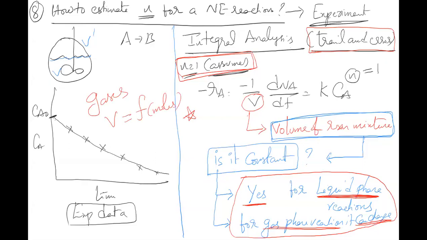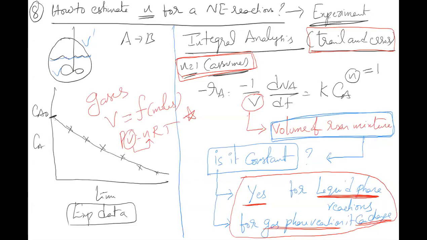Because your PV is equal to nRT, your volume depends upon moles. So in a liquid phase reaction, the volume is constant. For gas phase reactions, it can change.